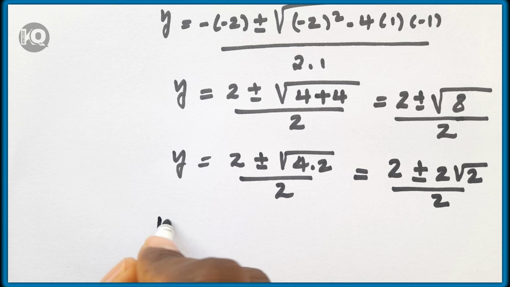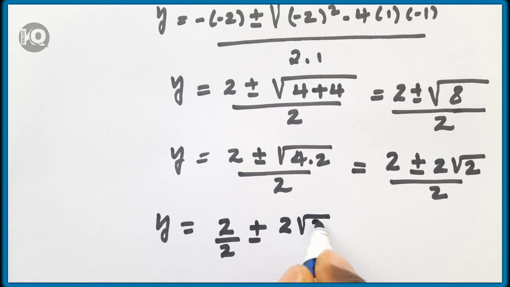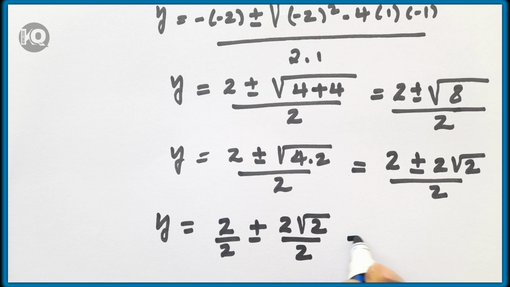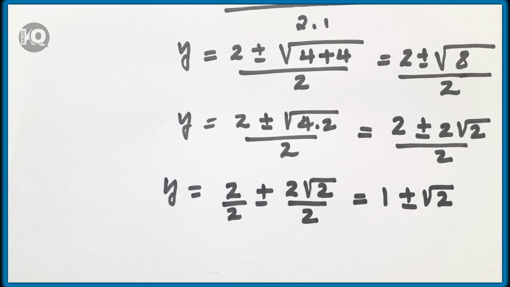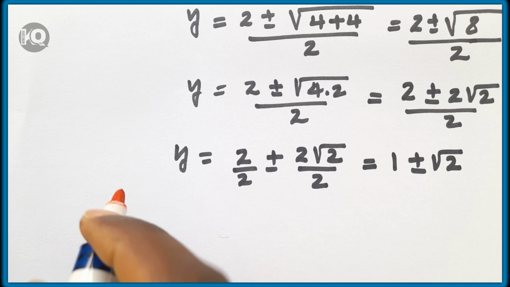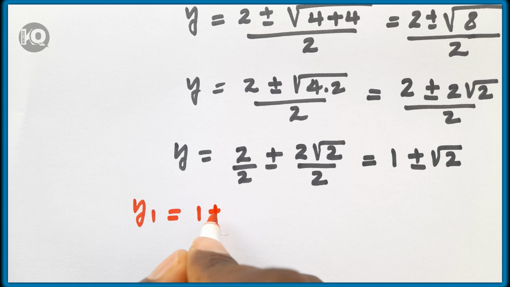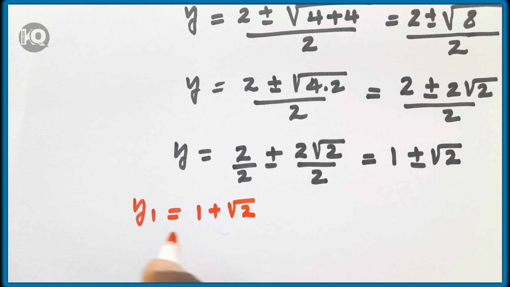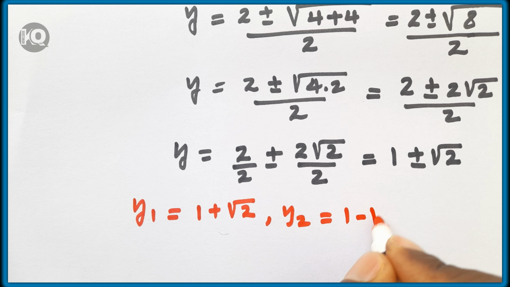So finally y is equal to 2 over 2 plus or minus 2 square root of 2 divided by 2, which gives 1 plus or minus the square root of 2. So we do have two solutions, y1 and y2. y1 is equal to 1 plus the square root of 2, and y2 is equal to 1 minus the square root of 2.